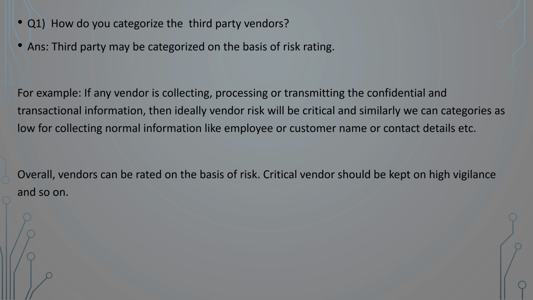Similarly, we can categorize as low those collecting normal information like employee or customer names or contact details, etc. Those vendors who are collecting very confidential information should be treated as critical vendors, and those vendors responsible for collecting very normal information like employee name, customer name, or contact details should be considered as low risk.